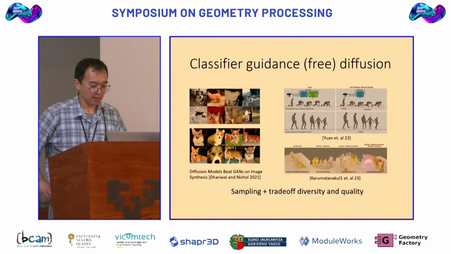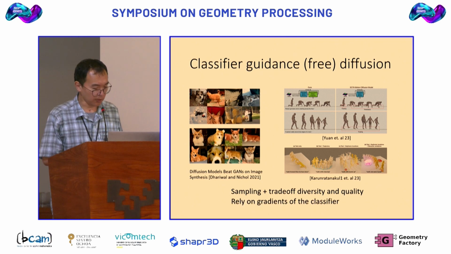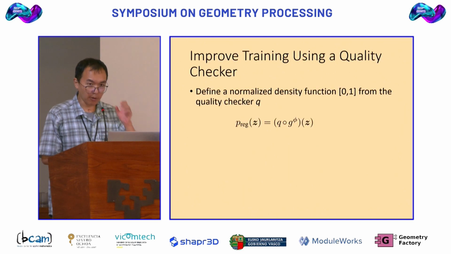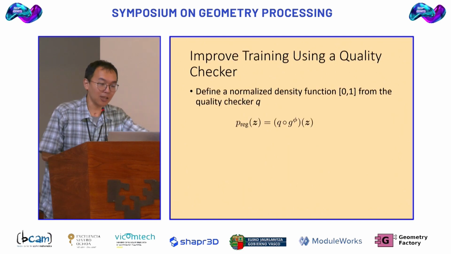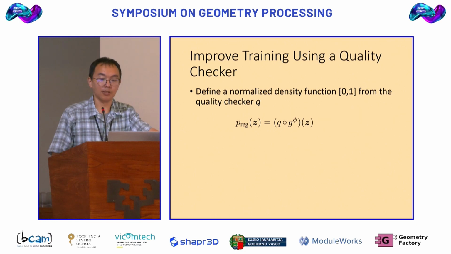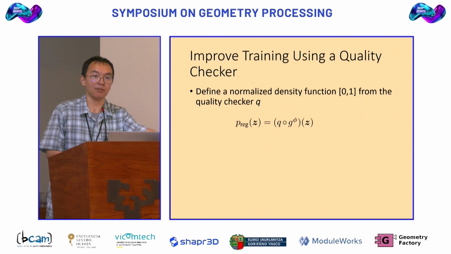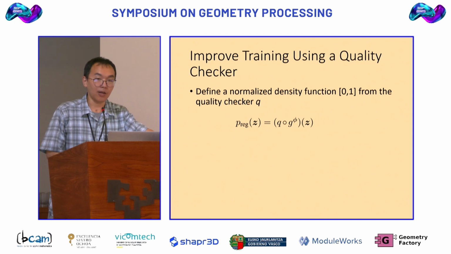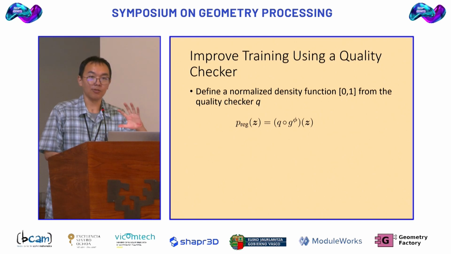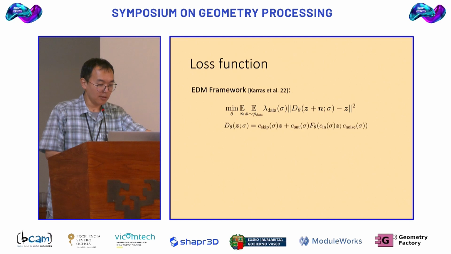Then you have the trade-off between diversity and quality. Number two, you need the gradients of the classifier. What we want here is that we don't need gradients, because whether the shape is connected or not is binary, no gradient. And we want to improve the noise network, the training. Okay, I'm going to skip this.